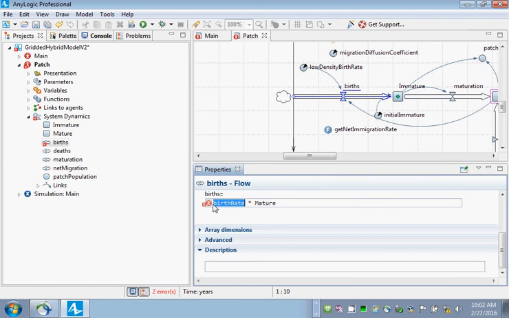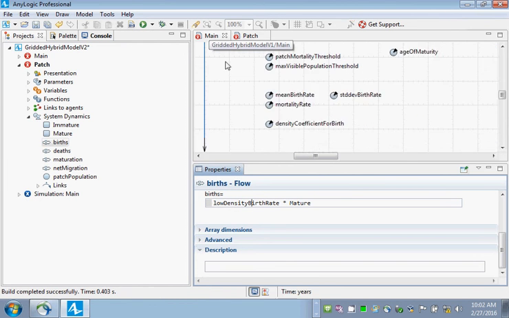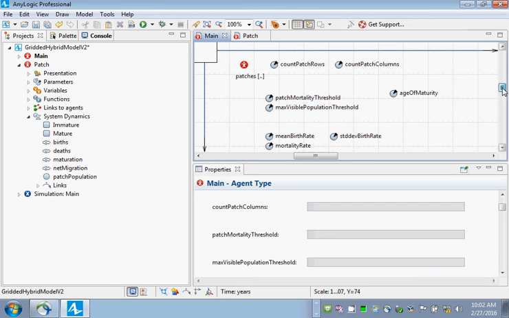To change the mathematics, we need to insert a dynamic variable, which we'll call, without privileging the name, birth rate multiplier for density. Basically this is going to be a multiplier times the low density birth rate.